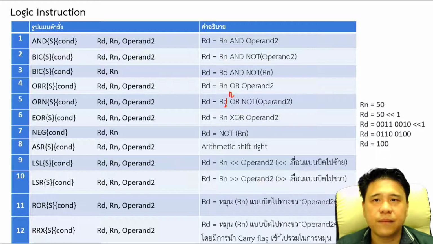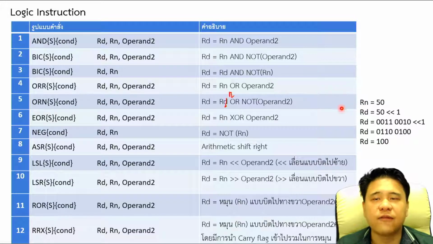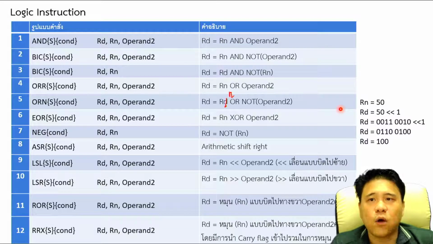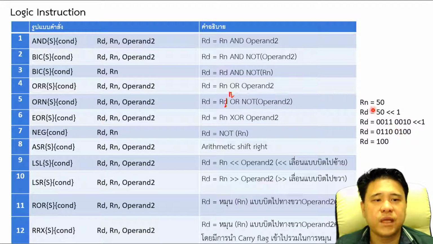For the logic shift left, this is an example. If you have Rn of 50, then you have to do some logic shift by 1. I just make operand 2 equal to 1. In order to understand it, you have to change from decimal number to binary number. You will find out 50 is 0011 0010 and you shift it by 1.